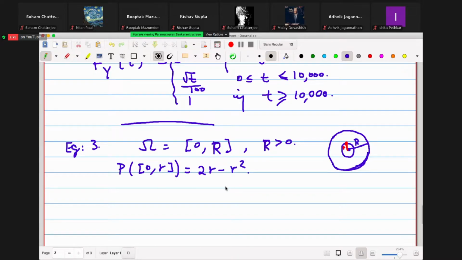This is in fact the integral from 0 to r of 1 minus t, dt. So this is how I want it to be.